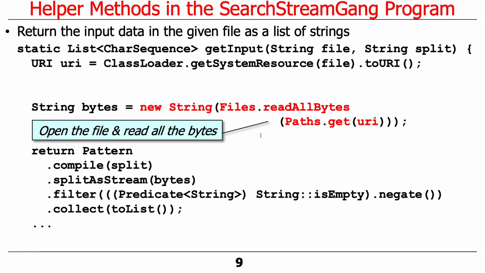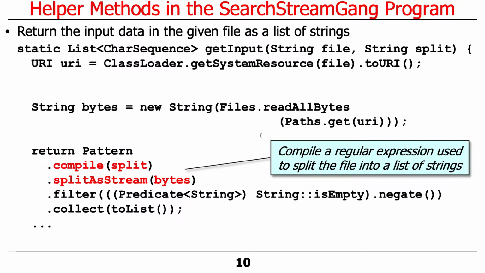I then convert that URI into a path name, and then I read all the bytes of that file into a string. So I make a new string that contains all the bytes of the file. So now I have one string that has all the bytes of the works of Shakespeare.